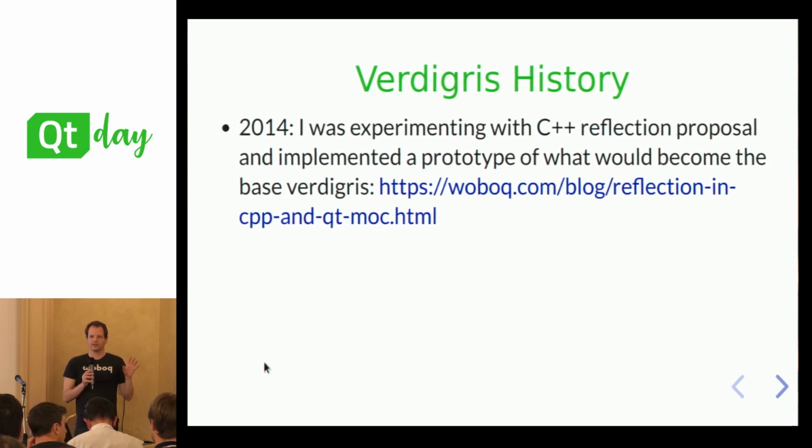I generated myself the code that would normally be generated by the compiler, and I did a bit of template metaprogramming and found out, yes, this could work. This was not enough, there were a lot of things missing, but we could maybe do moc without having a separate tool, so do everything in pure C++.